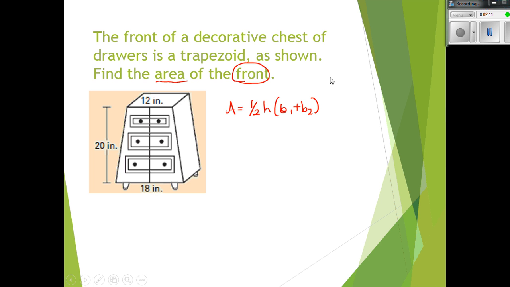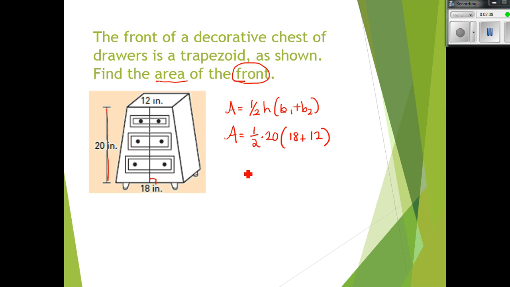All right, so when I do that, I'm going to go ahead and plug in all the parts that I know. I know that the height is 20 inches because that's what drops down to make a 90-degree angle. Base 1 is 18 plus base 2 is 12. And now I'm just going to go ahead and do the math.